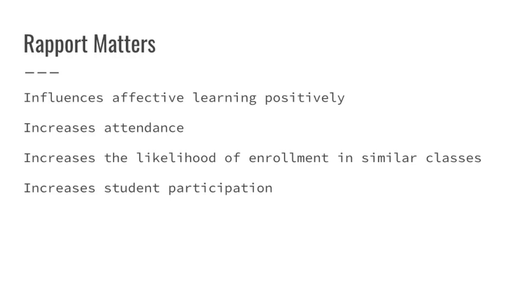The work of Frisbee and Martin has shown that instructor rapport has the greatest effect on affective learning in the classroom. They tested the relationship between instructor-student and student-student rapport in the classroom and found instructor rapport consistently predicted participation, affective learning, and cognitive learning.